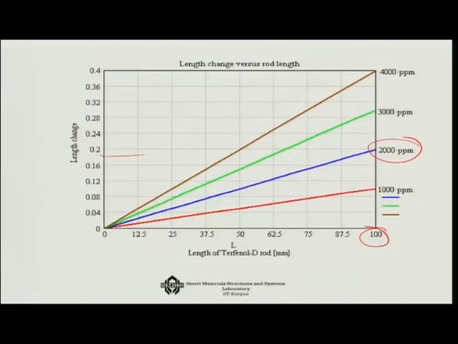You are going to see that it is slightly lower than 0.2, between 0.16 and 0.2, that's the change in the absolute length that you can expect from this material. So this gives us an approximate idea of the type of change that you are going to see in this material.